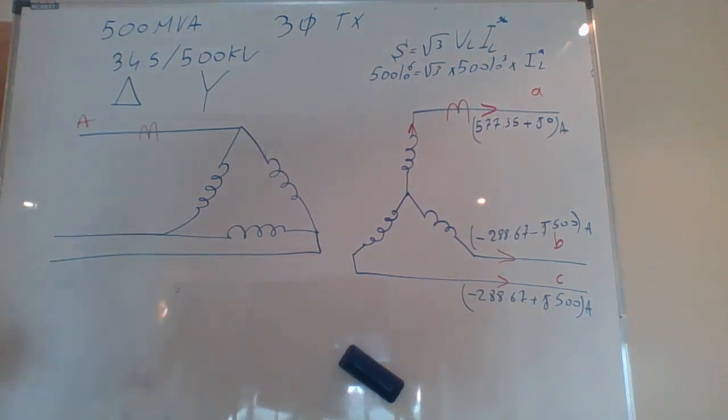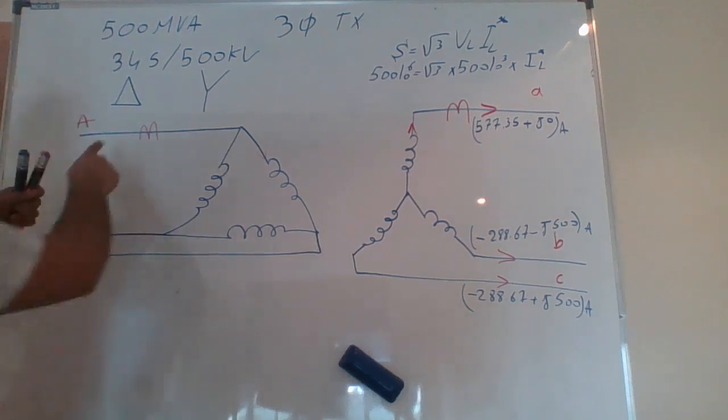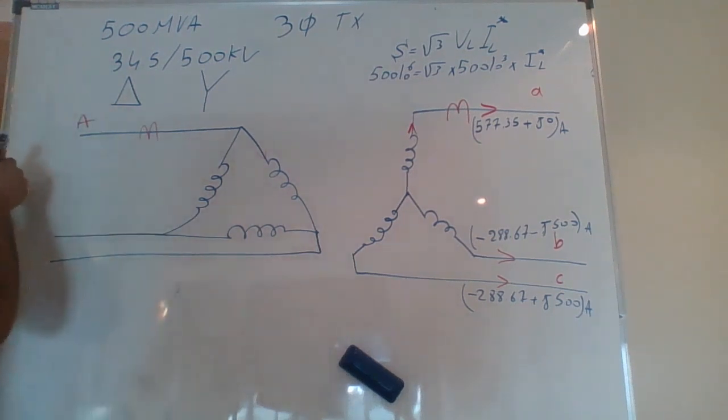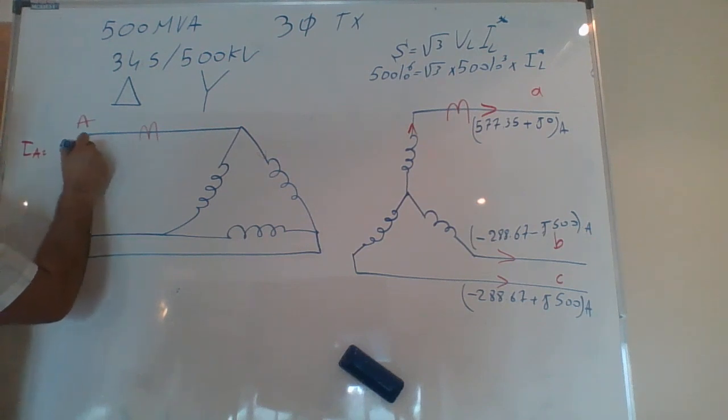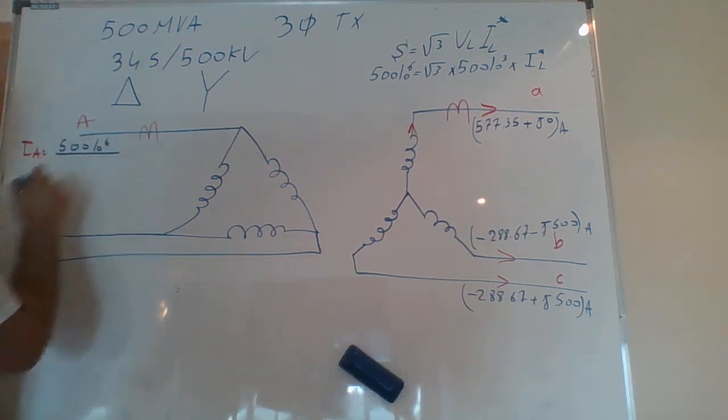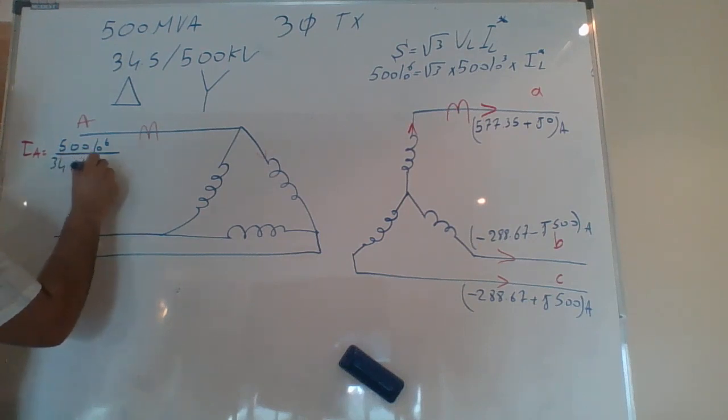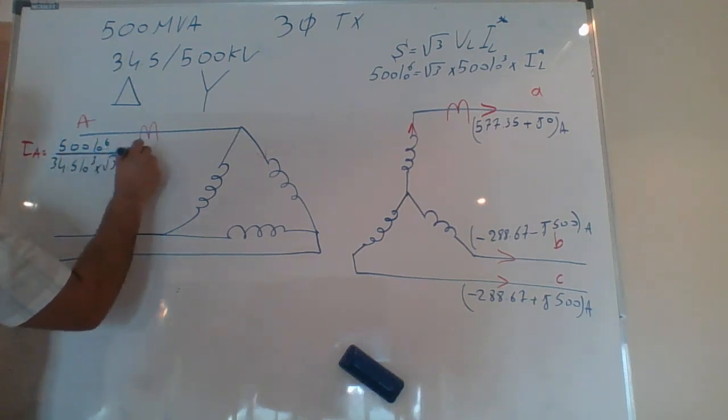So now, if I am going to find this IA, what I have to do is multiply the system. Pay attention: this IA will be equal to 500 × 10^6 divided by 34.5 × 10^3 multiplied by root 3.